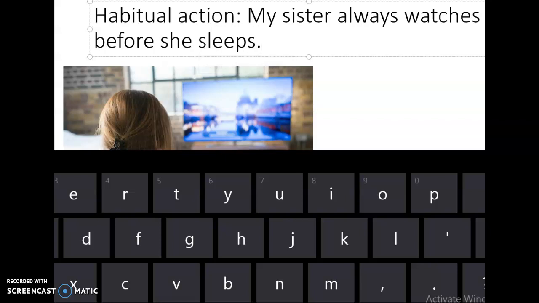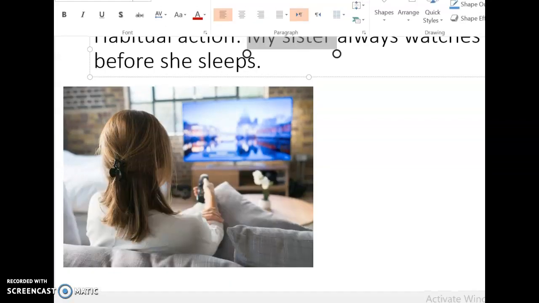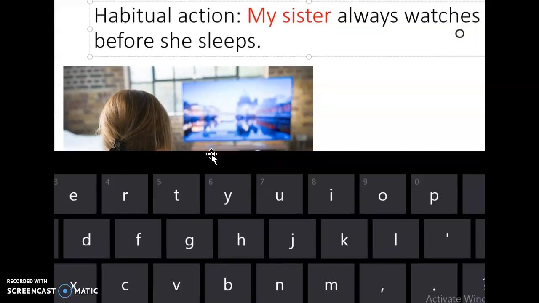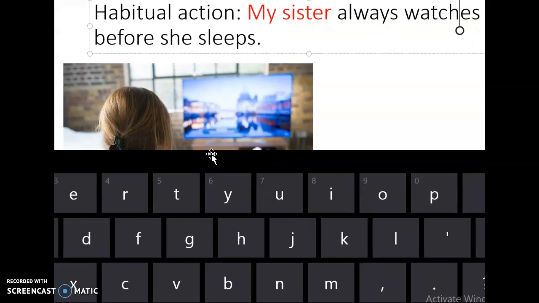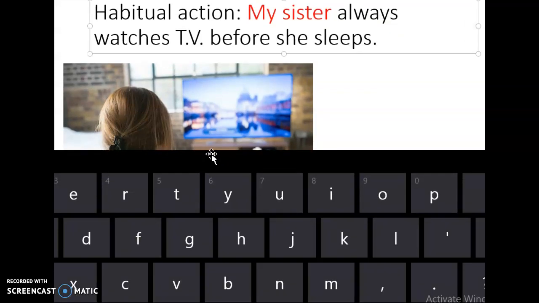So here, my sister is singular, this is the subject. I'm talking about my sister, so my sister is the subject. It's singular. So we add S or ES to the verb. Sleeps, we add S. It's simple.